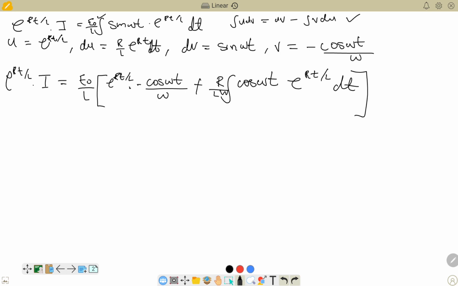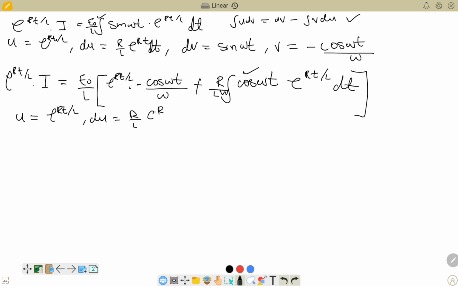So I still have integration by parts. So I need to now make U equal to e to the power Rt over L. Then dU, we have already done it previously.